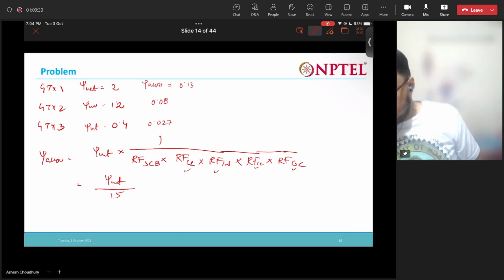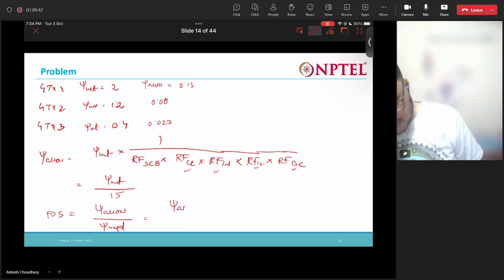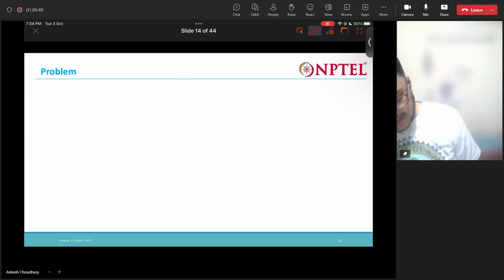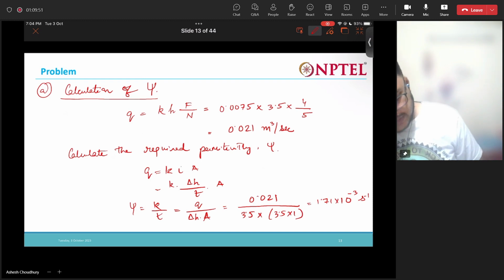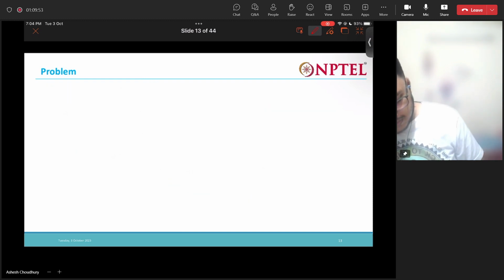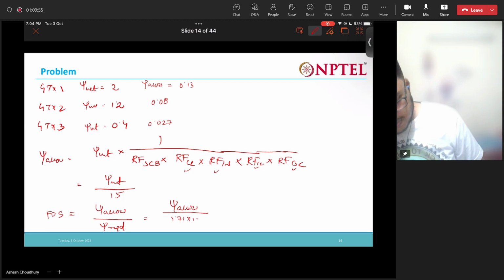Therefore, if you want to find out the factor of safety now, factor of safety is nothing but Q allowable by the required one. What is the required? 1.71 into 10 to the power minus 3.